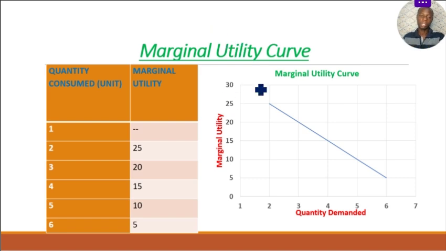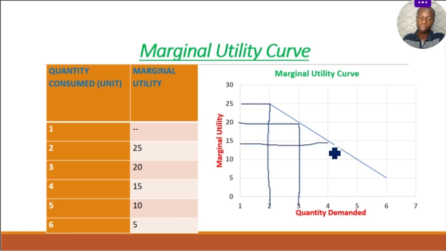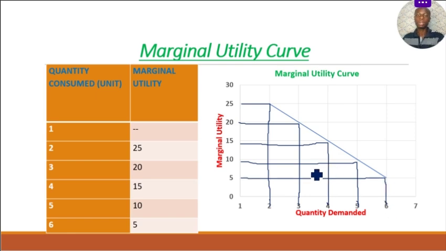And if you look at it here, at 25 utils, of course, 2 quantities, and then at 20 utils, we have 3 quantities, then 4 quantities give us 15 utils. Then 10 utils gives us 5 quantities, and lastly 5 utils give us 6 quantities.